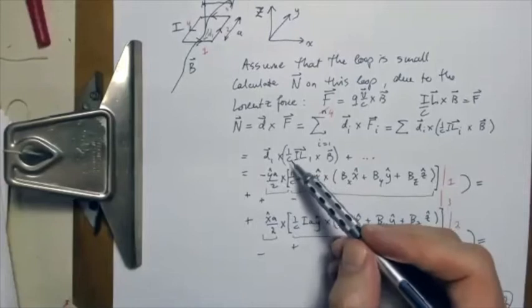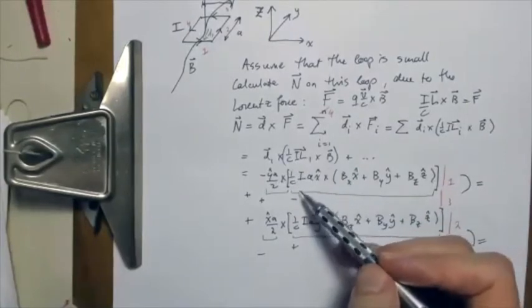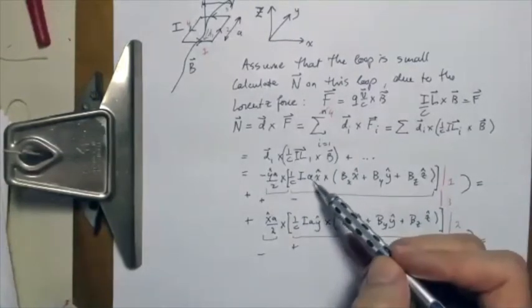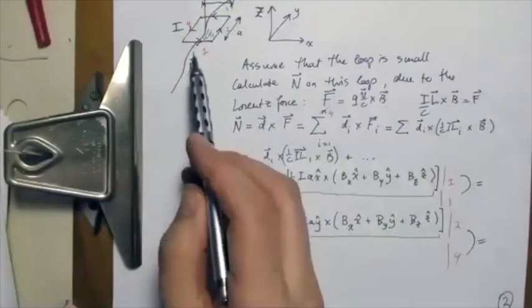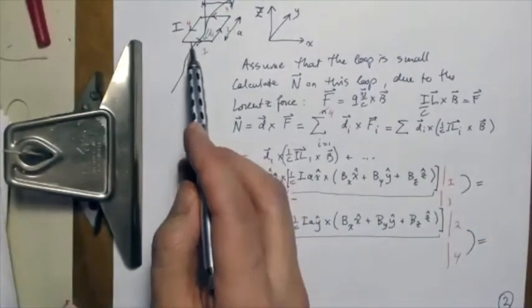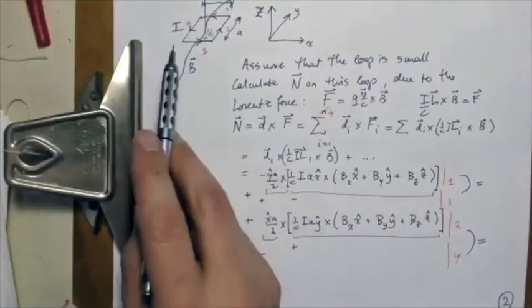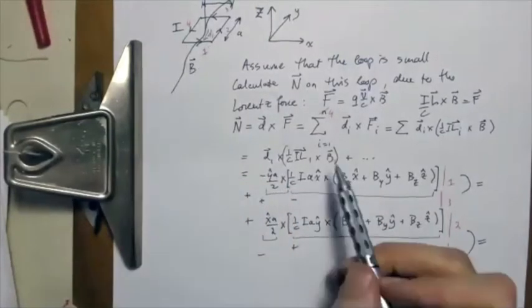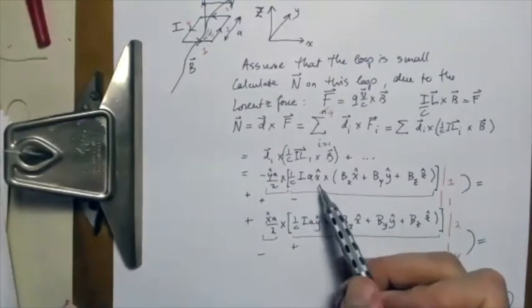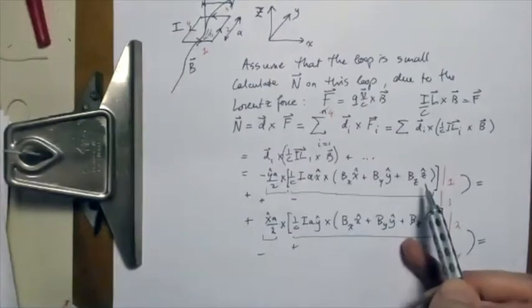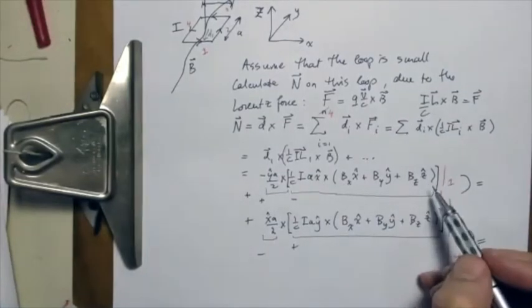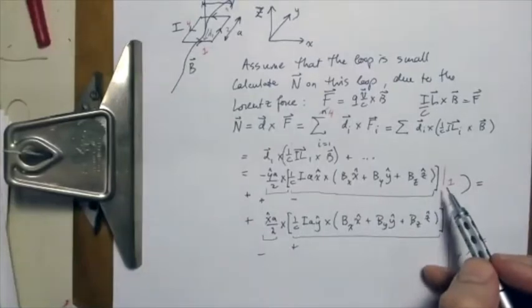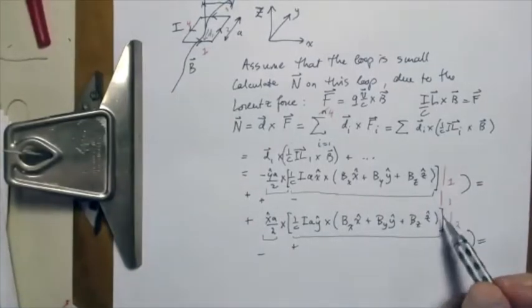And then we're going to cross that with this: 1/c I, and then we need to know what L is. For this one, the current is flowing in this direction, so that's the x hat direction. And the length is a, so then you get 1/c I a x hat. Now we're going to cross it with our arbitrary magnetic field. That's the contribution to the torque due to segment number 1.